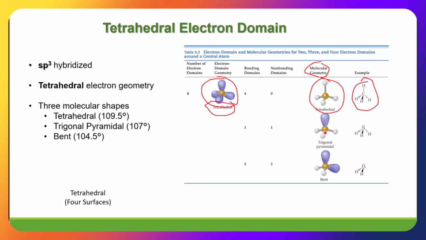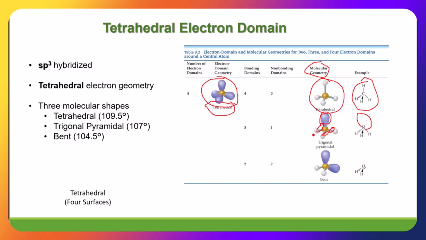Now, let's say I've got something like ammonia, where there is a non-bonding pair of electrons here. I still have tetrahedral sp3 hybridization because I have 1, 2, 3, 4 things around the central atom.